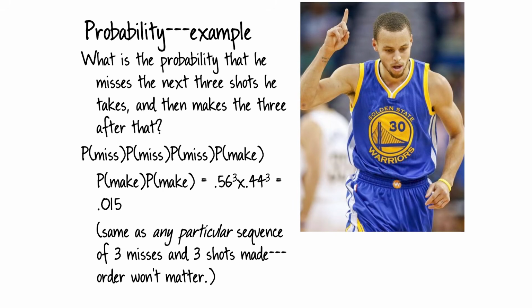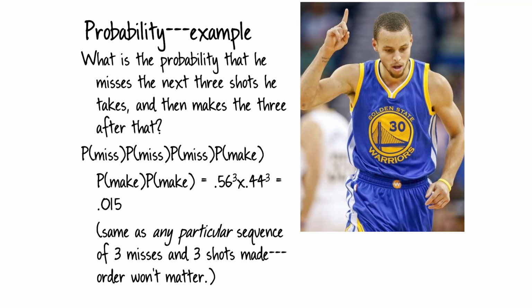And how did we get to that? Well, these are independent events. So to get the probability of the intersection between the event that he misses, then makes, we just take the product of the probabilities of each of those events, okay? So the product of all those probabilities is equal to 0.56 cubed times 0.44 cubed, okay?